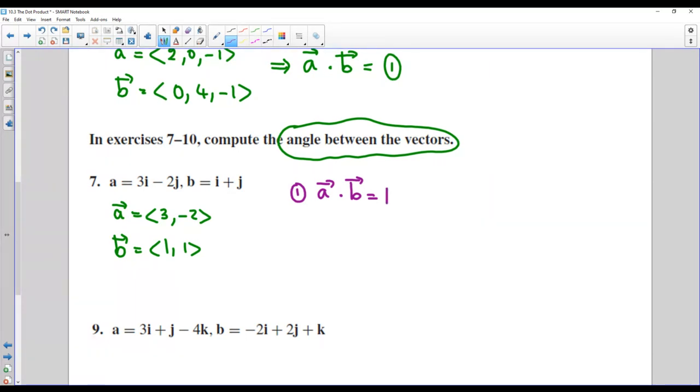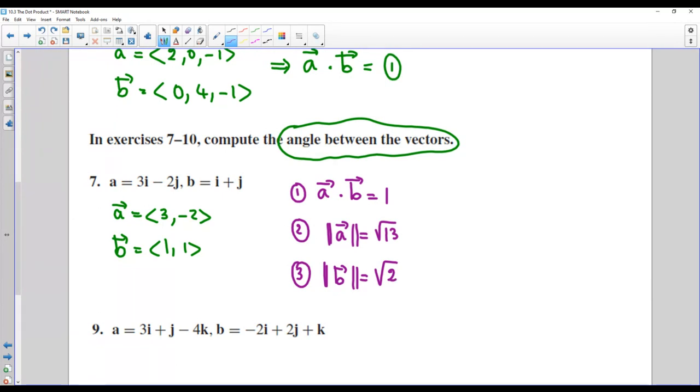Good. Number 2, what is the magnitude of A? So we need now the magnitude of A, which is the square root of 13, great. And then we need the magnitude of B, which is the square root of 2.